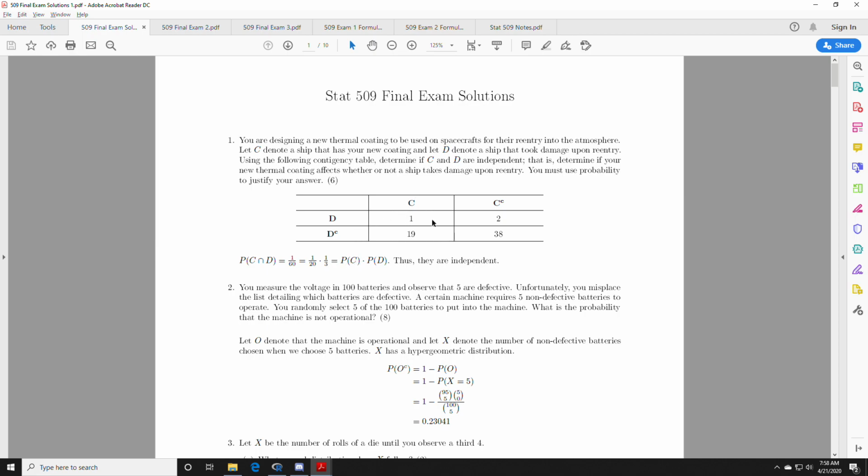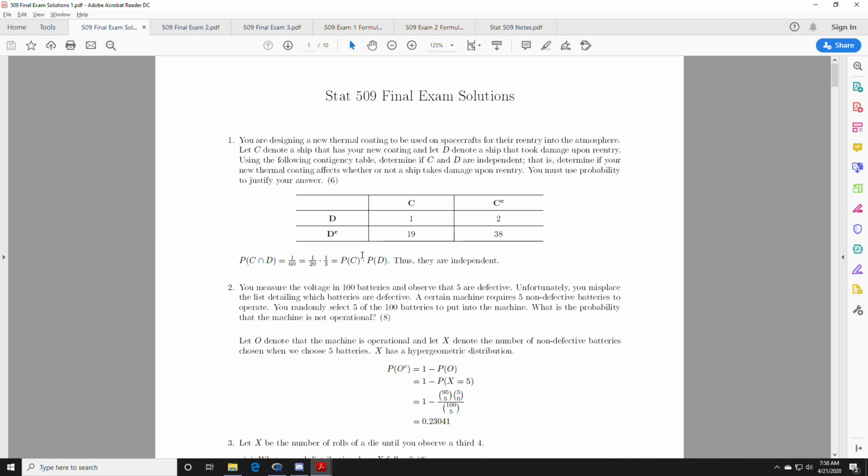Similarly, the probability of C would just be adding up everything in this column, so 20, and of course there's still 60. Probability of D is 3, again out of 60. Multiplying those together, they are the same.